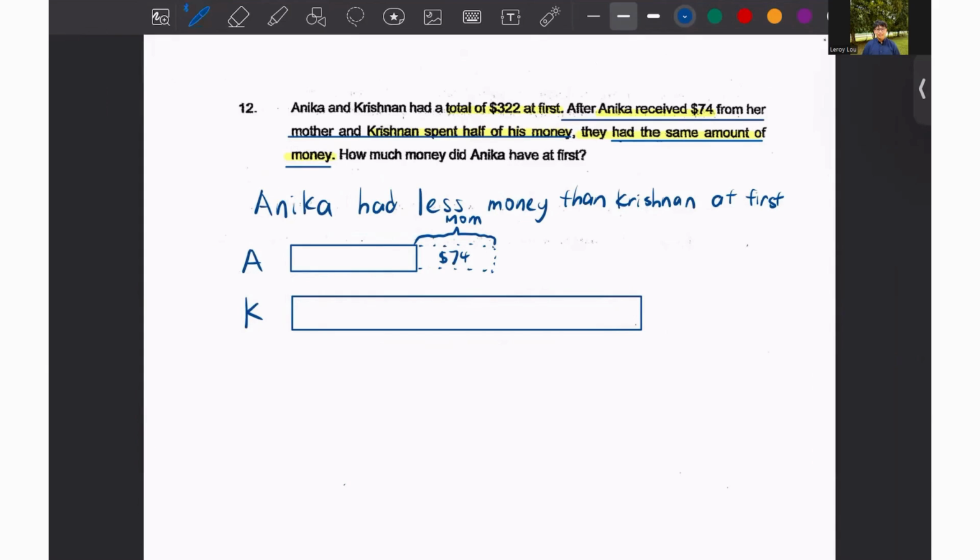So this bar of Krishnan, you need to cut into half. And this is what he spent. So you shade away one of the boxes. This is how much Krishnan spent. Okay, then in the end, they had the same amount, right? So you check here, this should be the same amount. So they should be left with the same.